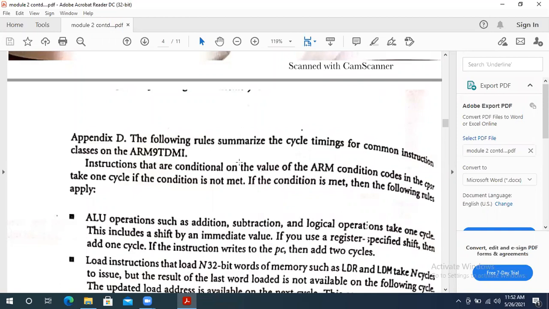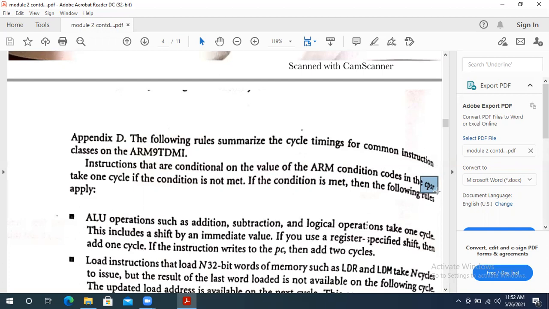Instructions that are conditional on the value of the condition codes are in the CPSR. Whatever we do, we do in the CPSR, because the CPSR is the block where we execute the current instruction. It gives the details about the current instruction, that is the Current Program Status Register. I think all of you know very well what CPSR is.